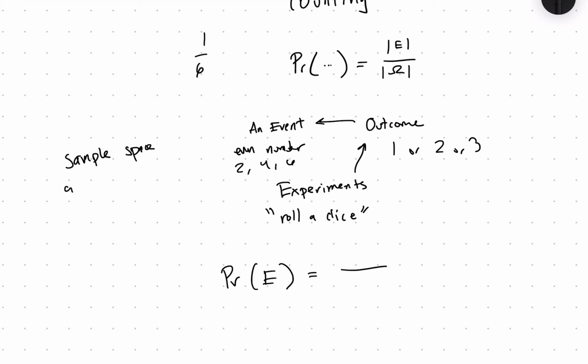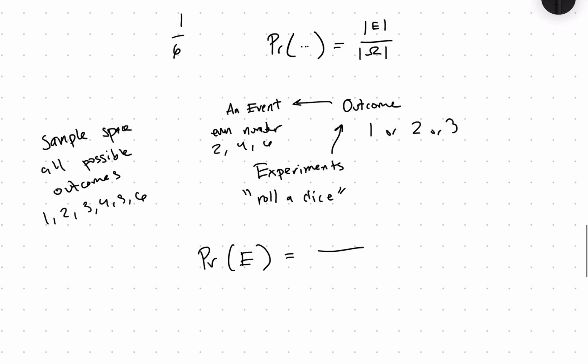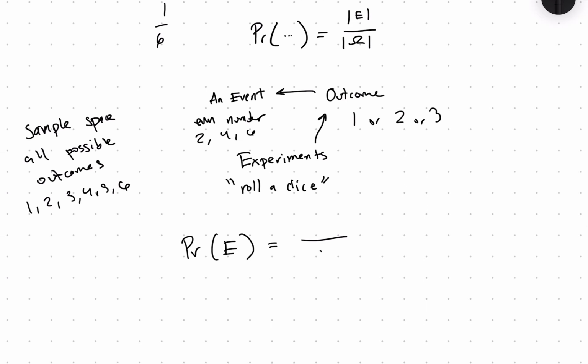This is all the possible outcomes. So in the case of the dice, it is 1, 2, 3, 4, 5, 6. Those are all of the possible outcomes of the experiment. So how many possible outcomes do we have? It is 6.